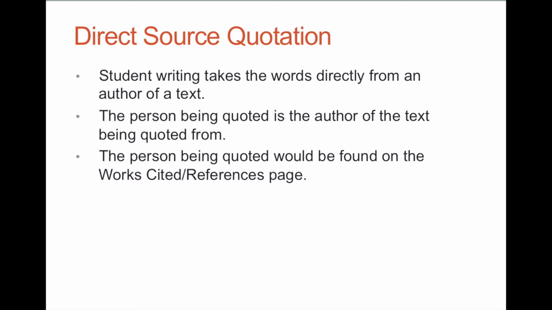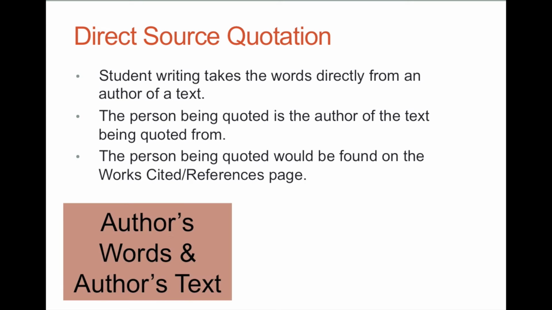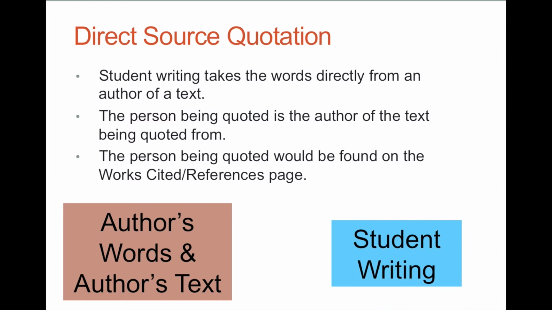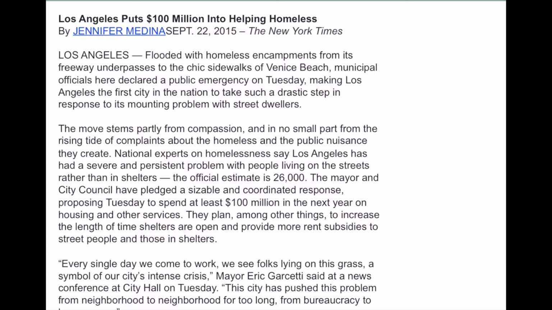This is the person that you would find listed on your works cited page or your references page. So those two would correlate. So if the author's words and the author's texts are what you're quoting and putting into your student writing, that would be direct.